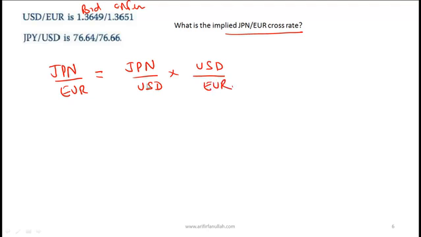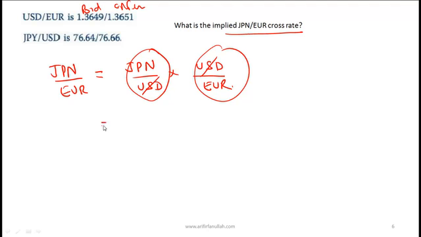If you recall from basic algebra, when you multiply these two expressions, the USD cancel out, so effectively you are left with Japanese yen divided by euro, which is what we were looking for. So the implied Japanese yen euro cross rate is simply the product of these two exchange rates. But we have to find both the bid and the ask.